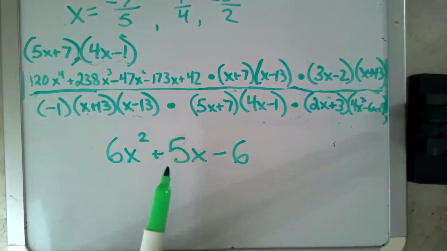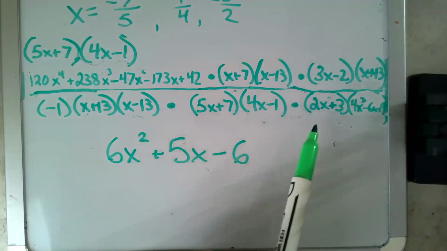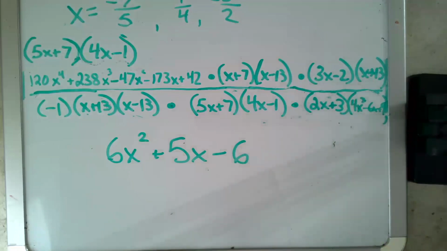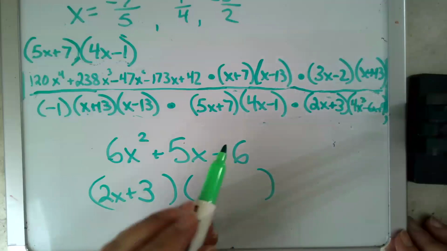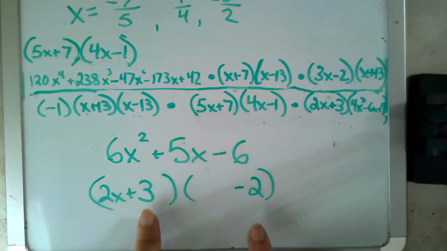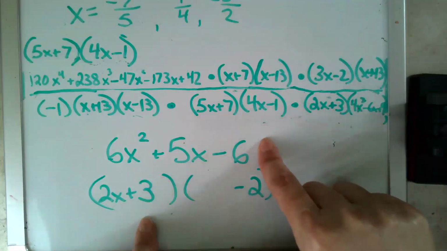So I have 6x squared plus 5x minus 6 to factor. I am suspicious that this is going to be part of it, so I'm going to use the parentheses method and sort of stab and grab. If in fact this guy gets to cancel away, well, plus 3, so over here I would want a minus 2 in order to make that multiply to my negative 6.